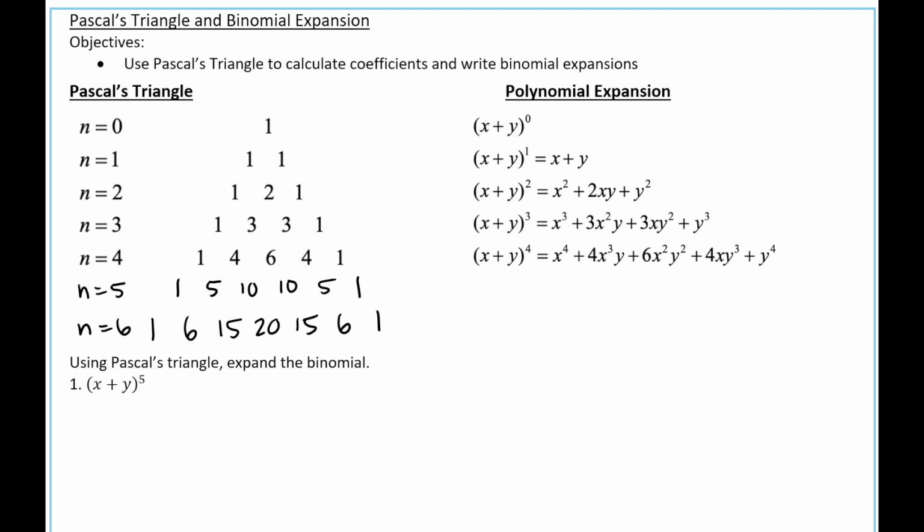So the reason that this matters is you may look at the 4th row here, where we have 4 also in that row.